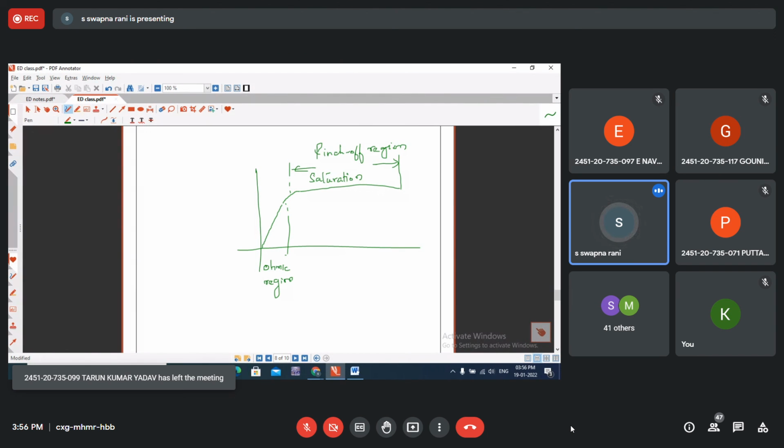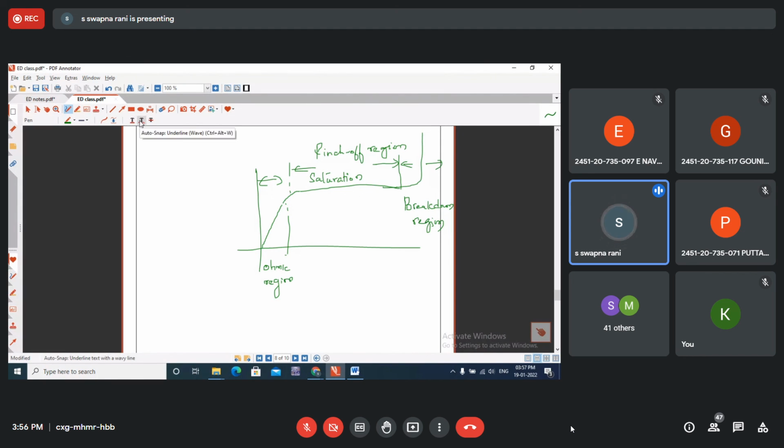To use FET as an amplifier, we will be operating in this pinch off or saturation region where current is constant. And this region is called the breakdown region. These are the three regions of operation of FET: the initial ohmic region, the saturation or pinch off region, and the breakdown region. To use FET as an amplifier, it will be operated in the pinch off or saturation region.